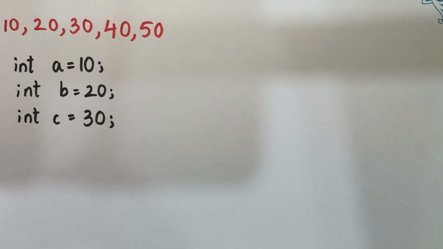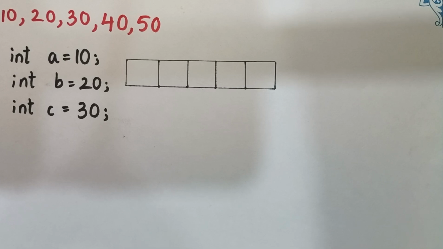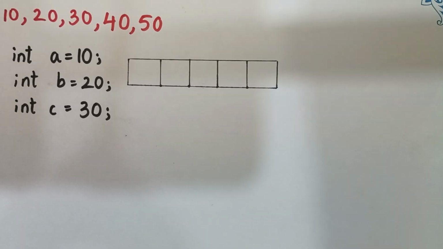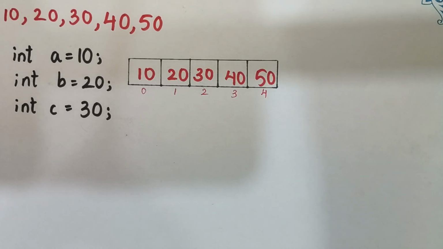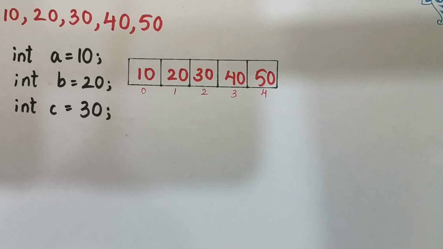In arrays, a continuous block of memory is created to store these values. So here's our memory block that is created. The array object stores the data in the memory block, and each memory block in the array starts with 0 and ends with length of array minus 1.